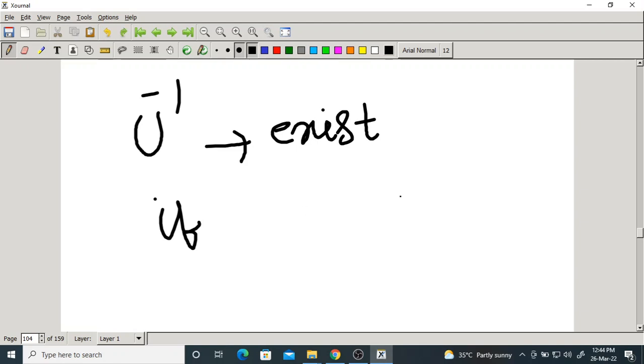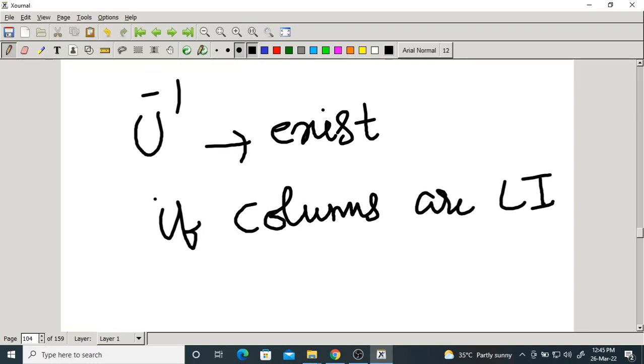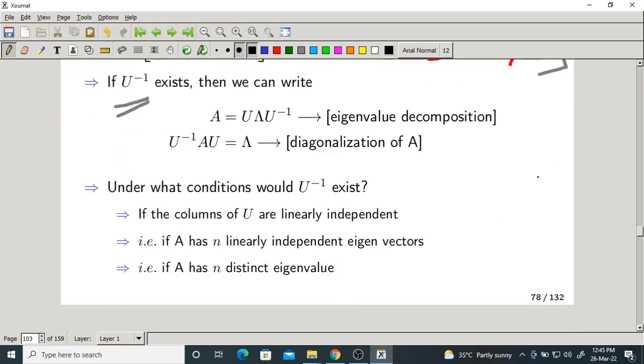If its columns are linearly independent. If a matrix has columns which are LI, then for that matrix there exists an inverse.